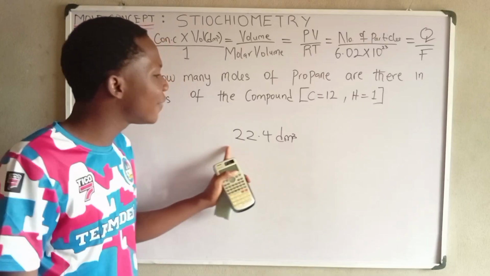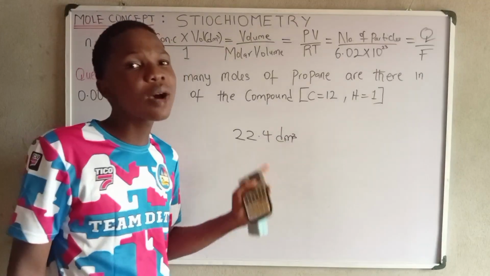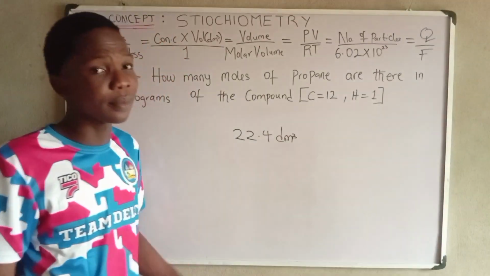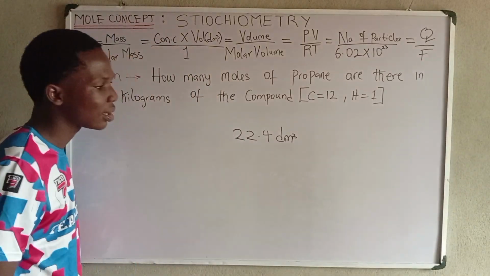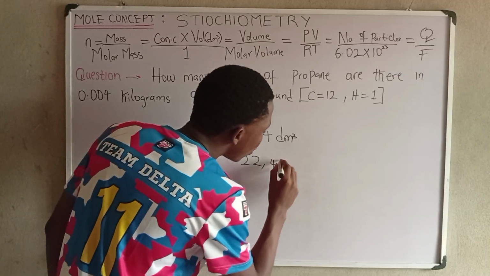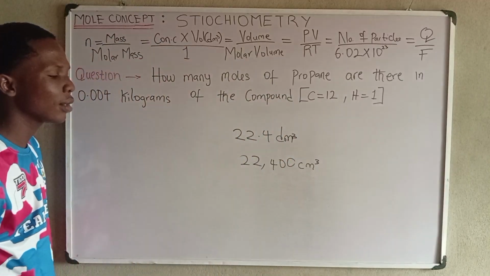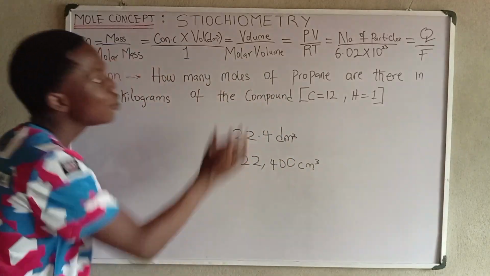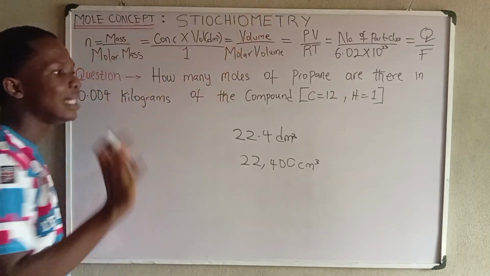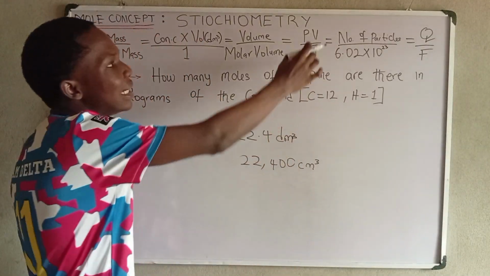If you convert this value to cm cube, you will multiply by 1000, and you will get 22,400 cm cube. This is the value you use when the volume in the equation is given in cm cube. Do you understand?